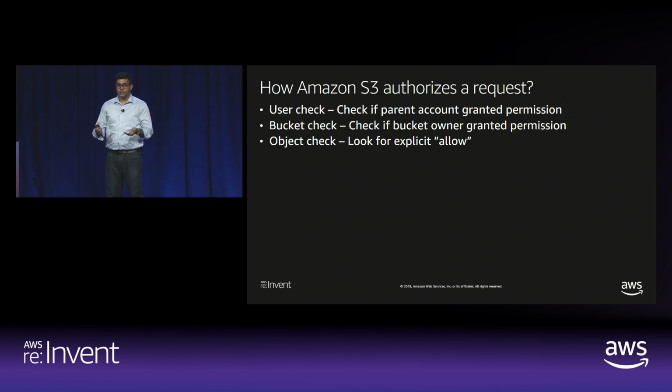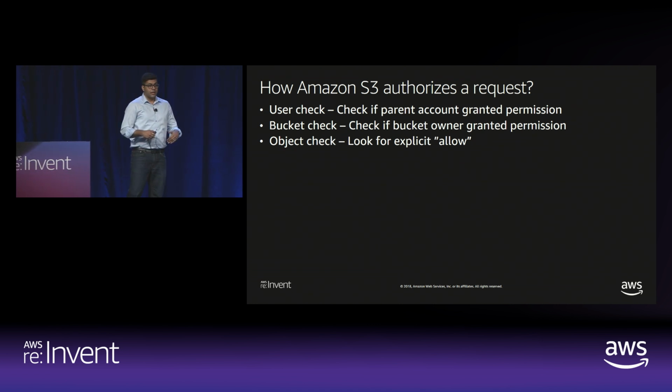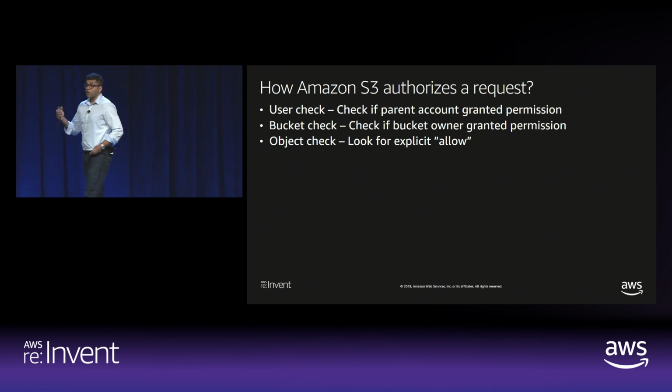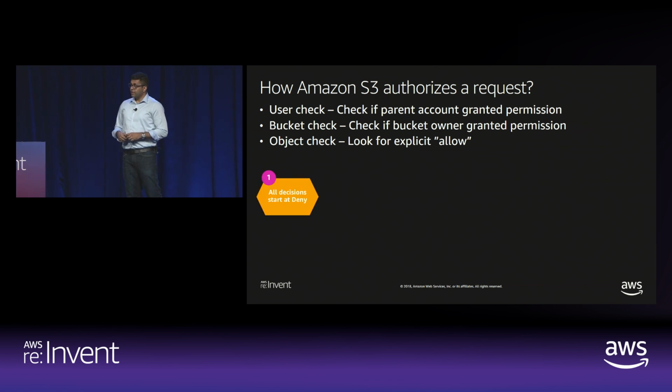So user context check is we check if the parent account has granted this user access. The bucket context check is to check if the bucket owner has allowed this particular user to perform the action. The object context check is we look for an explicit allow if the object ACL grants access or not. So by default, all decisions start at deny.